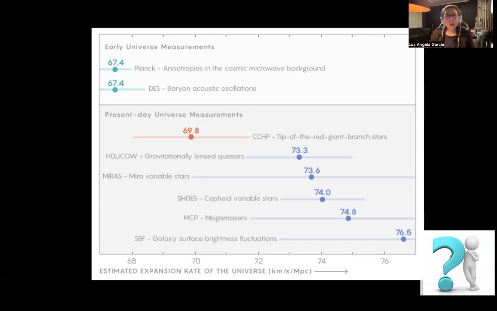So if we use measurements of the early universe, like Planck or DES, we find that the value is about 67 kilometers per second per megaparsec. But if we use present day universe measurements, this value is way larger. And this difference or tension has been called the Hubble tension.